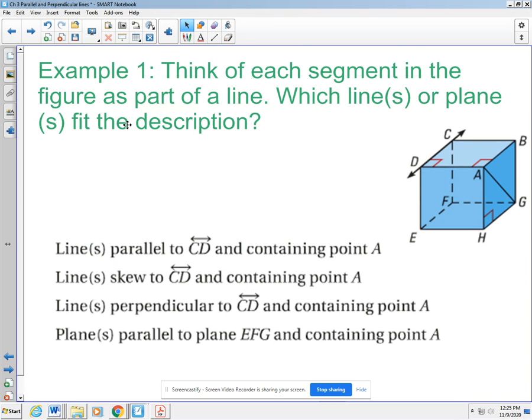Okay, so example number 1. Think of each segment in the figure as a part of a line. Which line or plane fits the description?